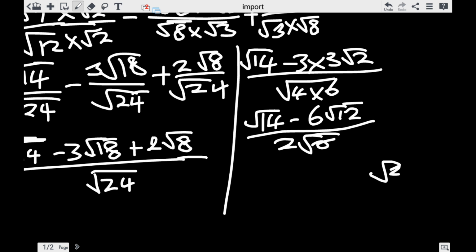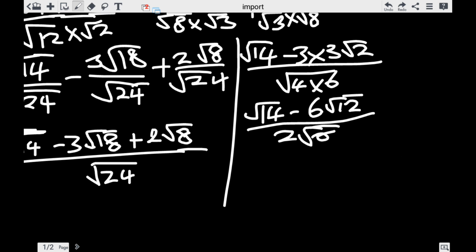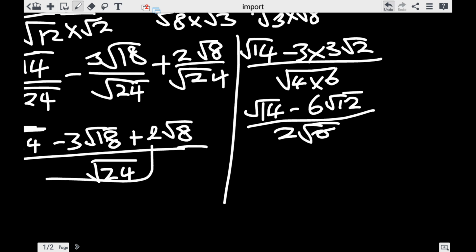So at this point, you want to set up these two fractions one by one with root 2, and divide by root 2. So you should get, so I'm going to clear off this stuff. So therefore you are going to have root 14 divided by root 2.